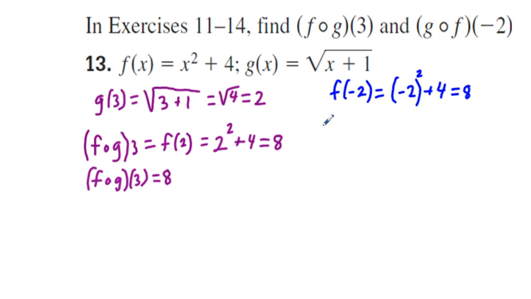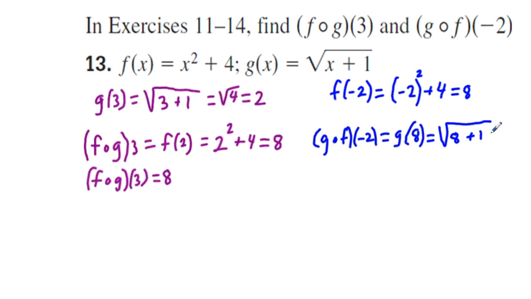So g of f of negative 2 is equal to g of 8, which equals, okay, we go into the g, we put in the square root of quantity 8 plus 1, which is the square root of 9, which is 3.